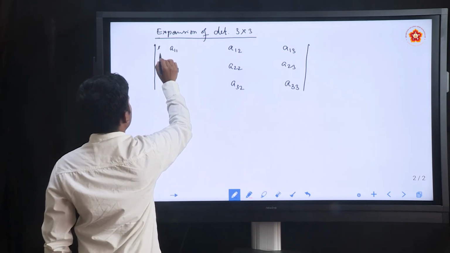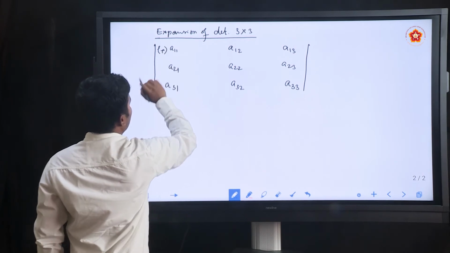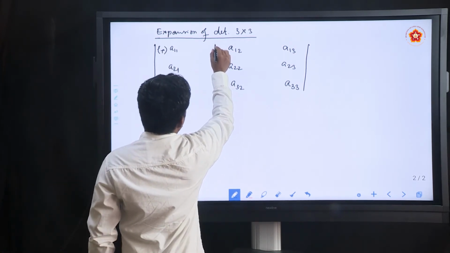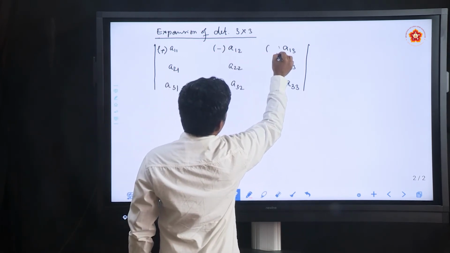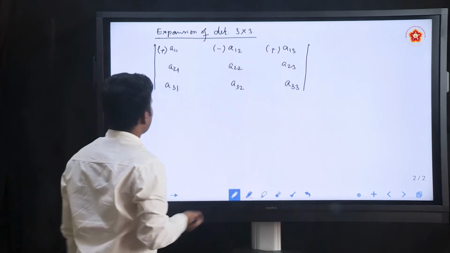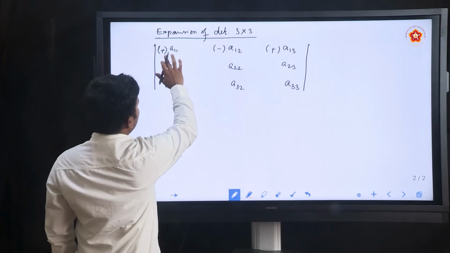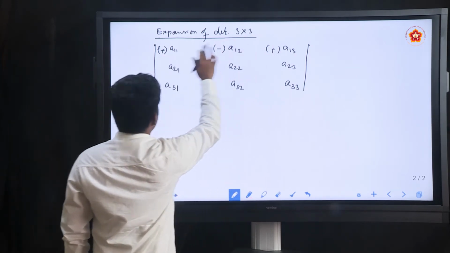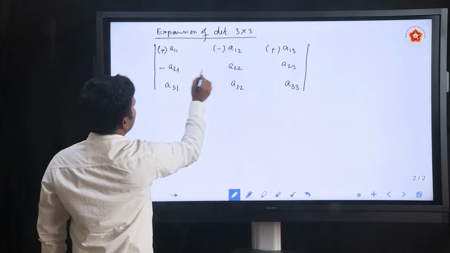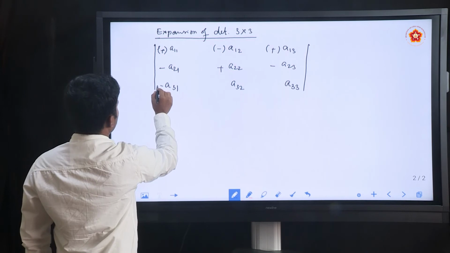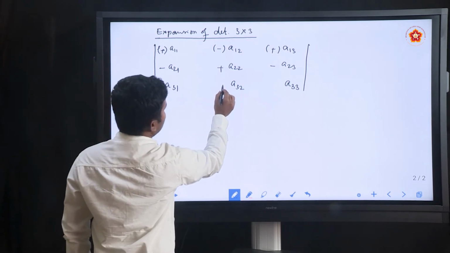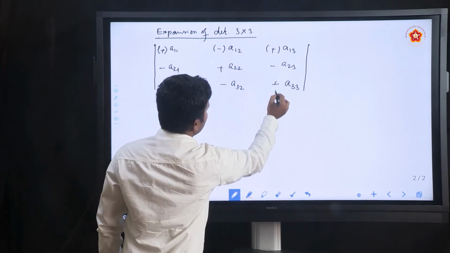If you want to expand along R1, you just remember these signs. Thereby it will be easy to expand the determinant in any row or column. Plus, minus, plus, and here it is minus, plus, minus, and here it is plus, minus, plus.